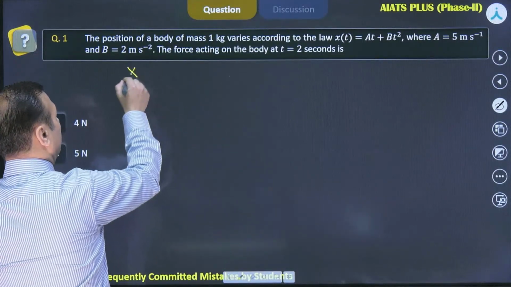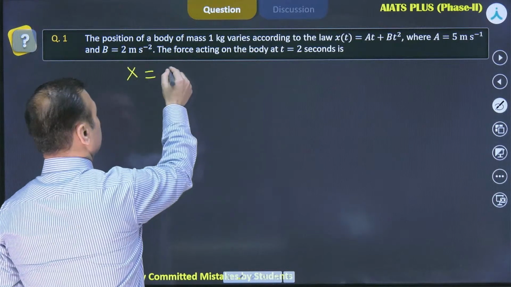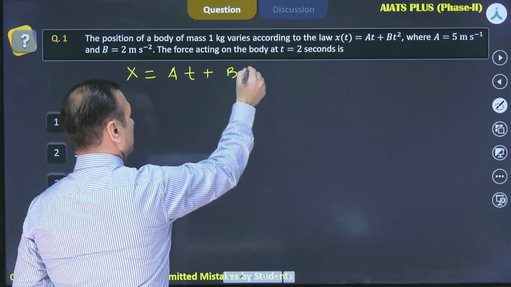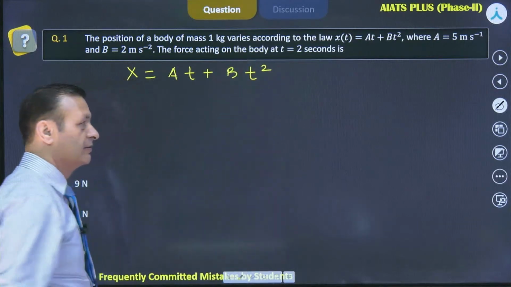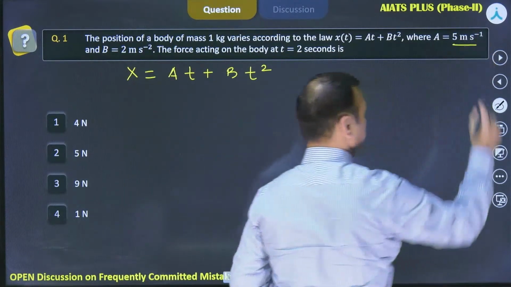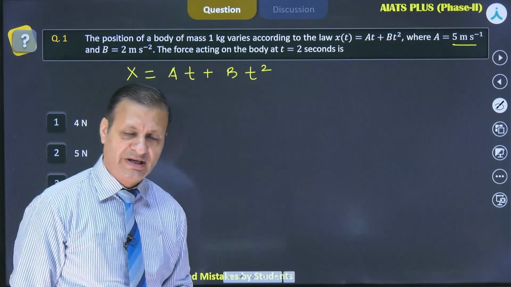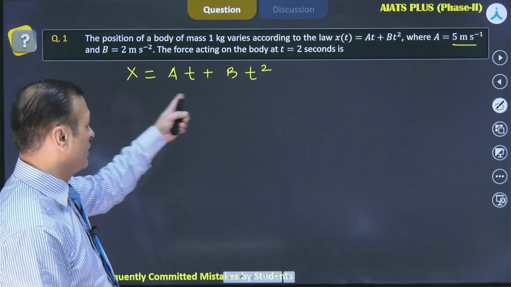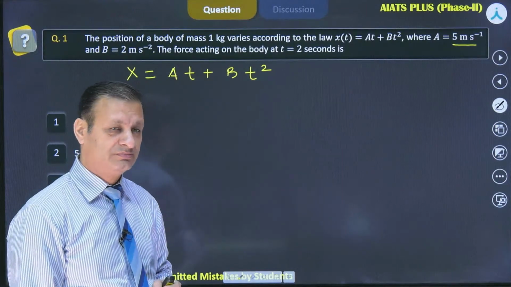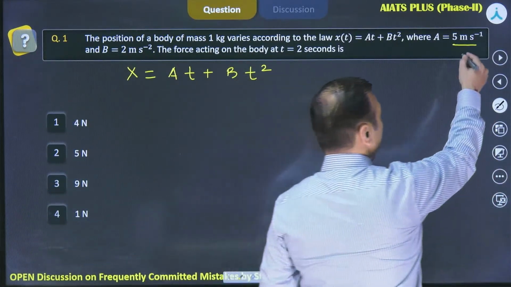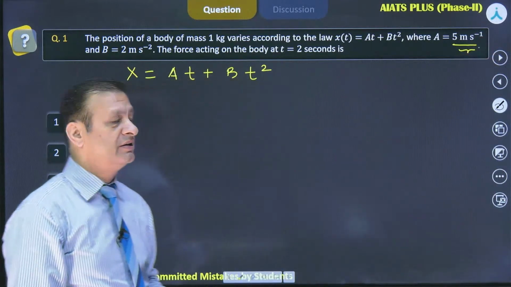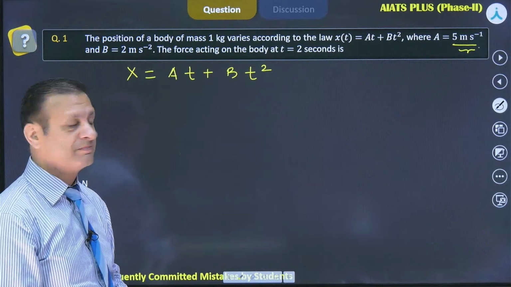Now x is given to you as At plus Bt square, where A is 5 meter per second. No doubt A is a constant, so this is how position varies with time, but A is a constant. Don't get surprised with the numerical units assigned to it, and this is meter per second.